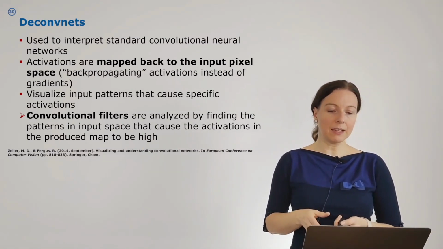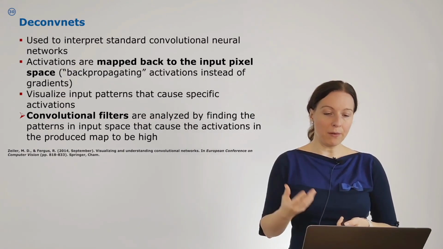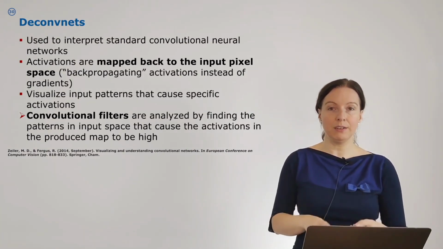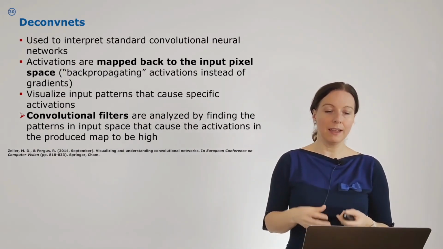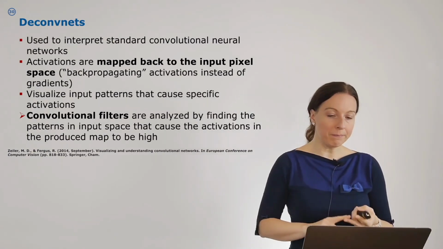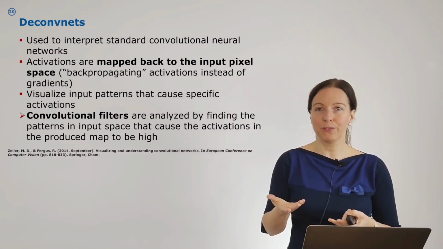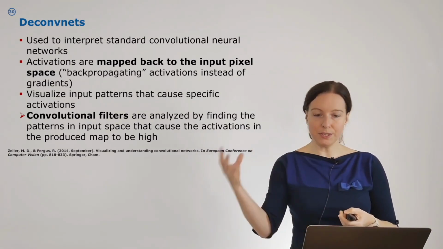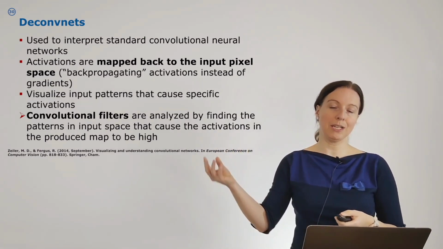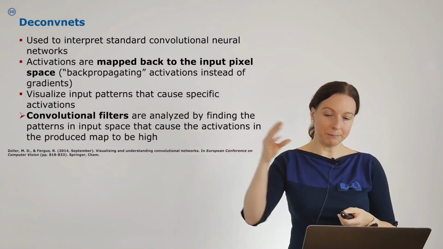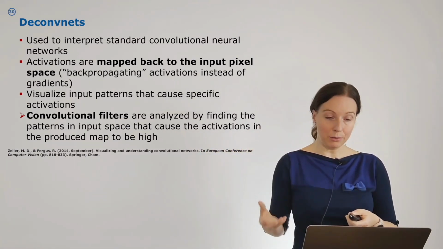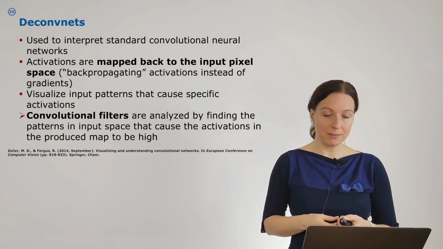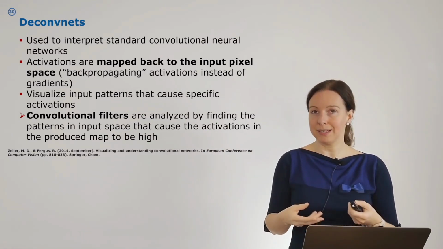The Deconvnet can be thought of as a convolutional neural network that uses the same components like filtering or pooling, but in reverse. So instead of mapping pixels to features, Deconvnets project the feature activations, that means the convolutional outputs, back to the input pixel space so they can be visualized there.